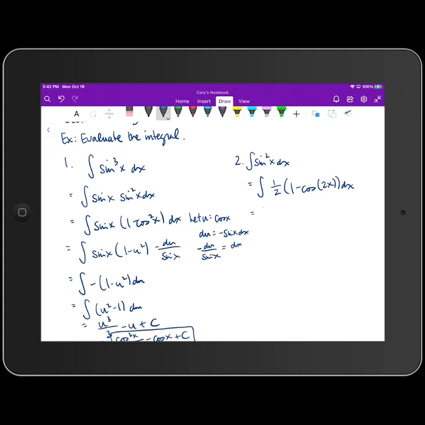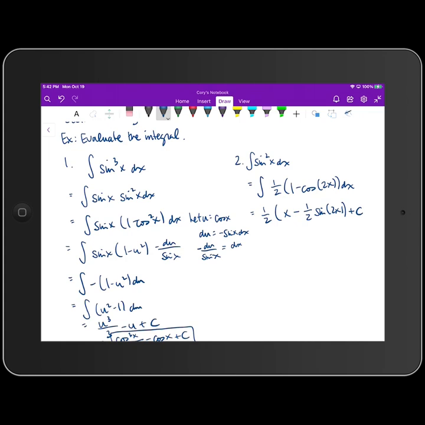So we can pull 1/2 out front, and then we can go ahead and take the antiderivative of 1 minus the cosine of 2x. So the antiderivative of 1 with respect to x is x, minus the antiderivative of the cosine of 2x with respect to x, which is 1/2 the sine of 2x. And then we have to make sure we add our constant c to the end.